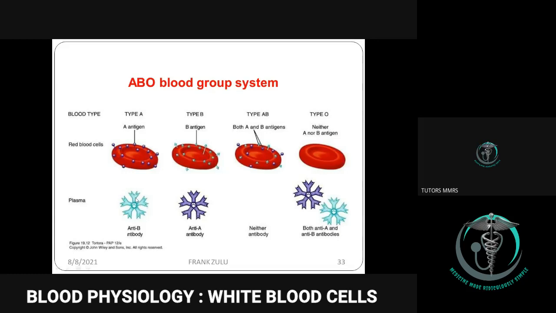And remember, I was trying to emphasize the point that when we're giving blood, we don't give plasma. Okay, we don't give these antibodies. Remember, antibodies are found in plasma. So when we're giving blood, we give whole blood, red blood cells. We won't give this plasma.